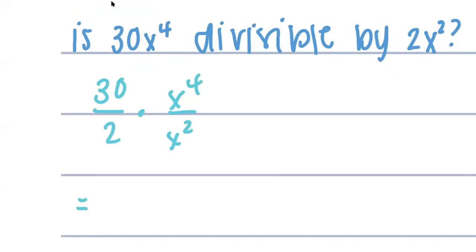So 30 is divisible by 2, and x to the fourth is also divisible by x to the second. So it works. Awesome. Yes, good job. Did anybody have any questions on that? No. Okay, perfect. Let me answer one in the chat really quick.